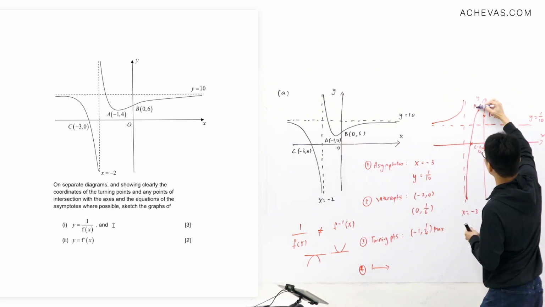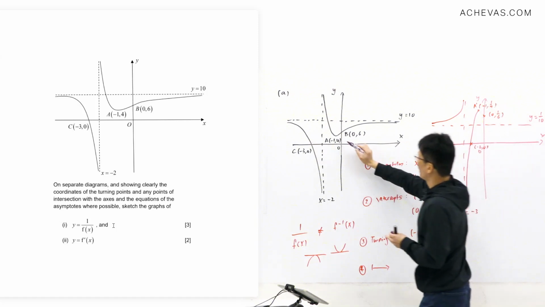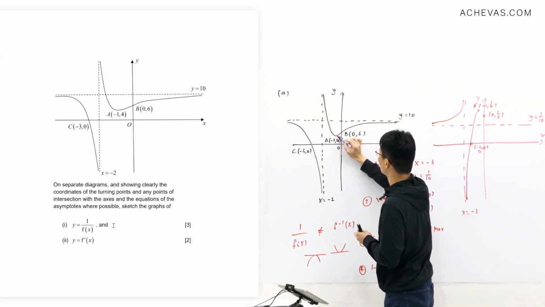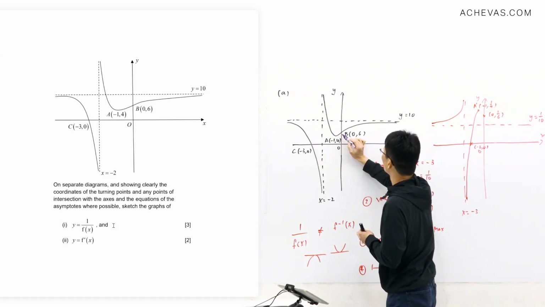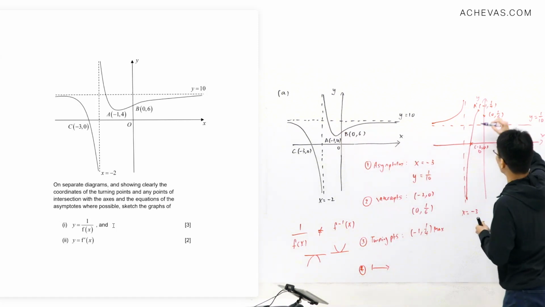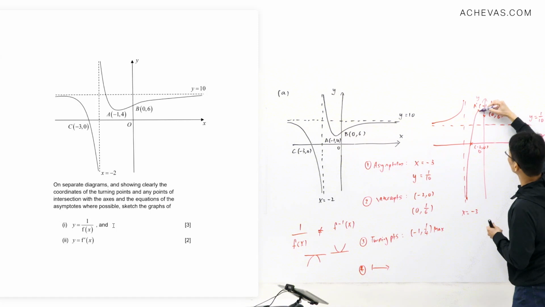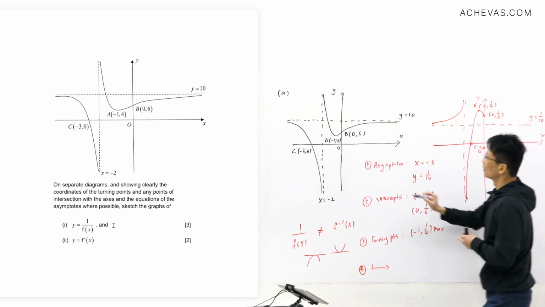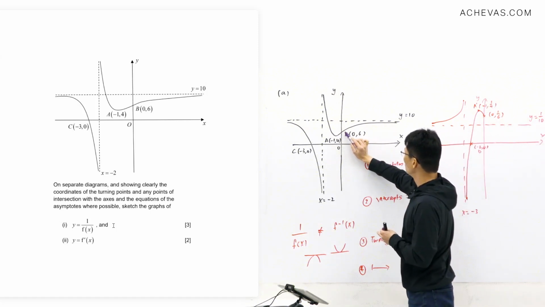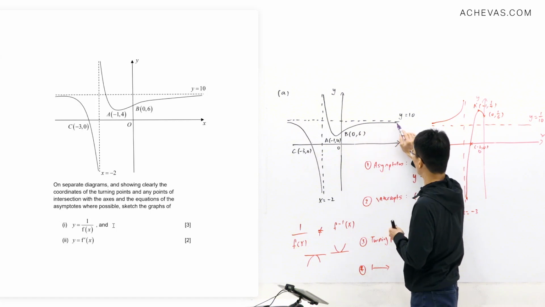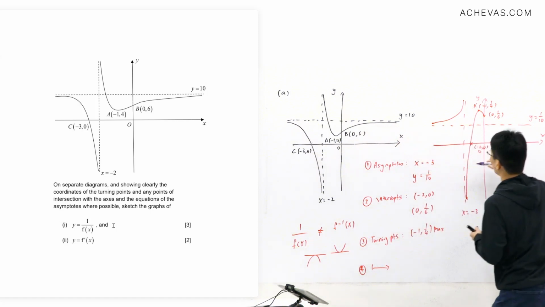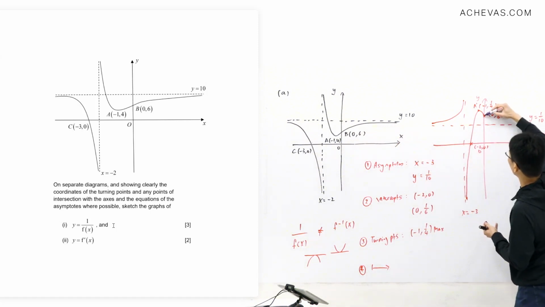So maybe I can call it A prime. As this one turns, this one increases, and it will cut the y-axis at 0, 1 over 6. So the reciprocal will actually cut the graph at 0, 1 over 6 here. As this one continues to increase, it will tend to y equal to 10. So for the reciprocal curve, you will tend to 1 over 10 instead.